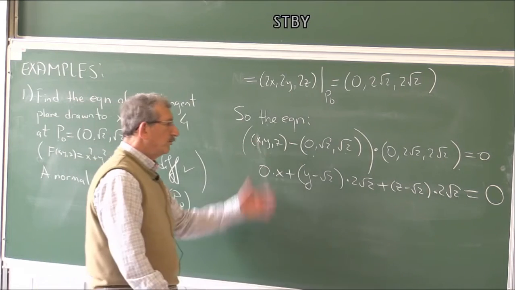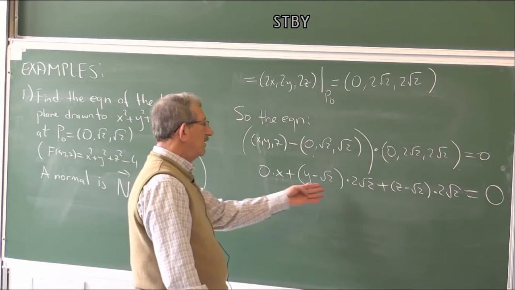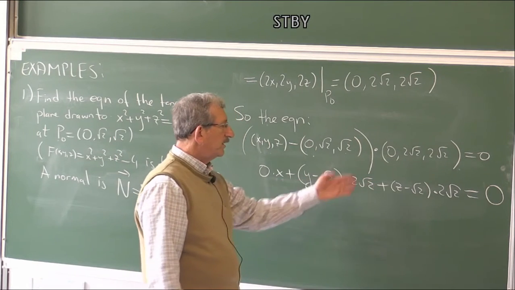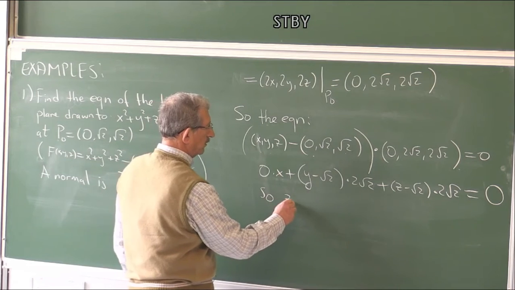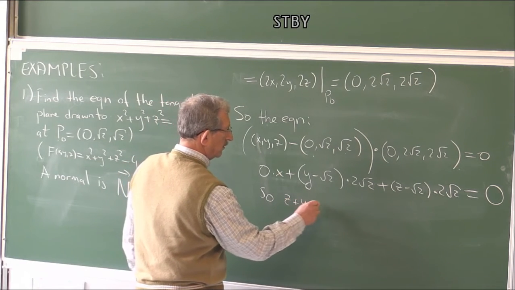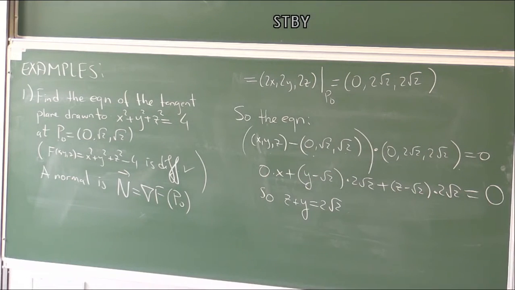Or equivalently, you don't have any x's. You can cancel these. So it says z plus y is 2 root 2. So this is the equation of the tangent plane that we have there.